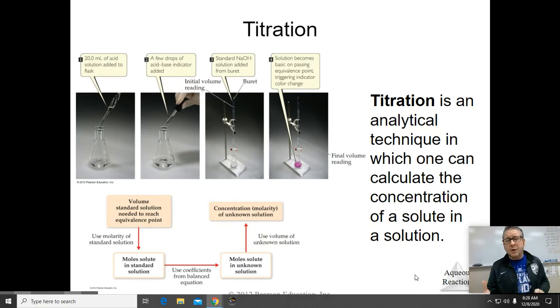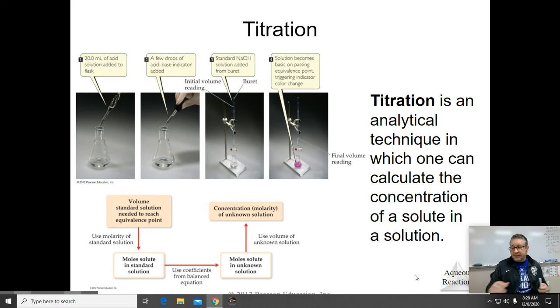As we'll see when we do some of our practice exercises, this is a very industrial process, where industries will determine what the concentration of a substance is and compare it to what it should be, okay? Because they have to have parameters for certain solutions, and if they are outside, either too strong or too weak from those parameters, then they have to make adjustments to whatever process they're doing.